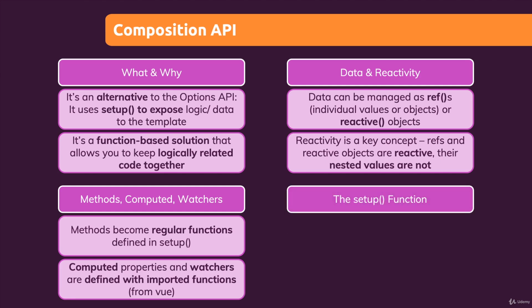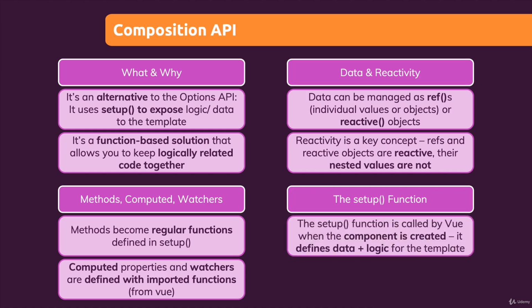And now if we have a closer look at this setup function or setup method, which we define in our component config object, this setup function is called by Vue when the component is created. And in there you define all the data and logic for this component and, most importantly, for the template. So what you return in setup is available in the template, as you learned.